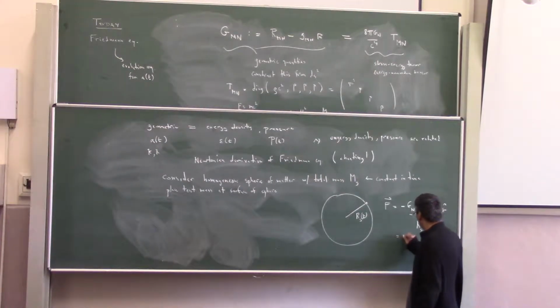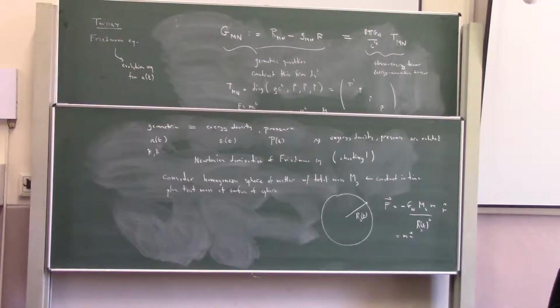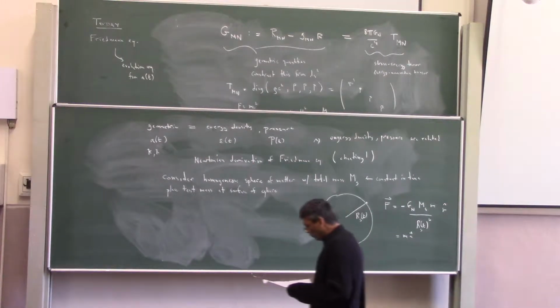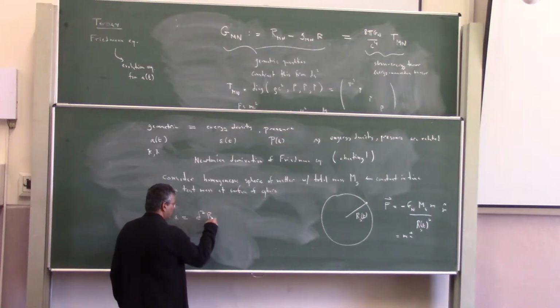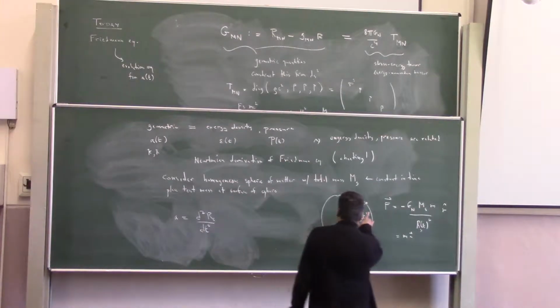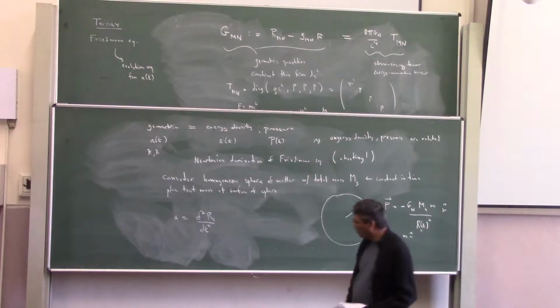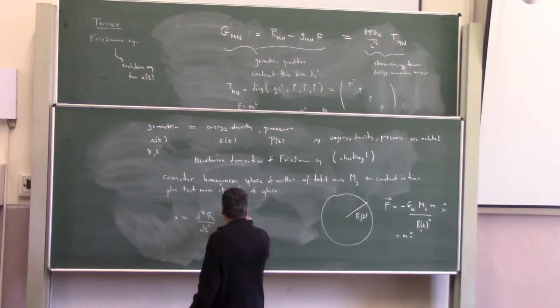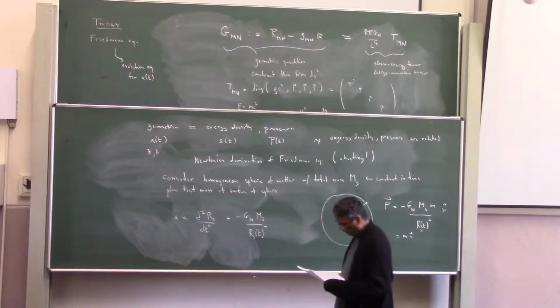So this is mass times acceleration. The magnitude of the acceleration is going to be the second derivative of the radius. So that's how we've set the problem up. So this is minus G Newton, mass of the sphere, divided by r_s of t squared.